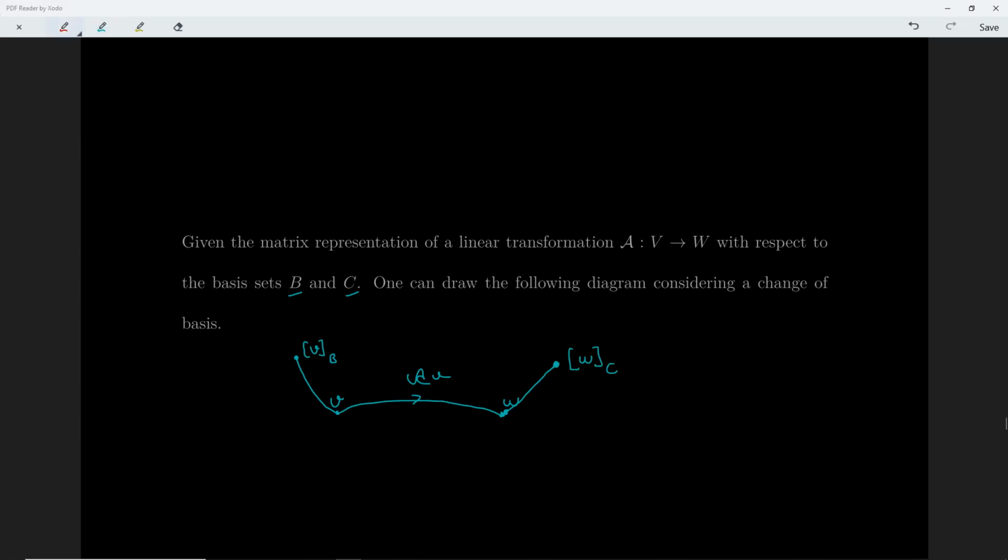And between those two, I can define the matrix representation, right? Between those two representations, I can get a matrix such that the representation of W with respect to C is equal to A times the representation of V with respect to B. Okay, so the next thing that we'll investigate is what happens if I change the basis set in the domain from B to B bar.